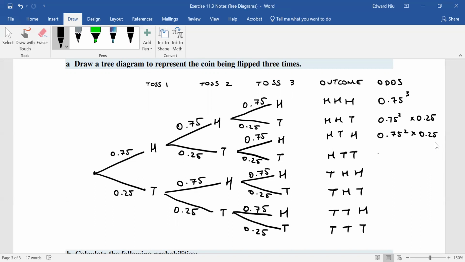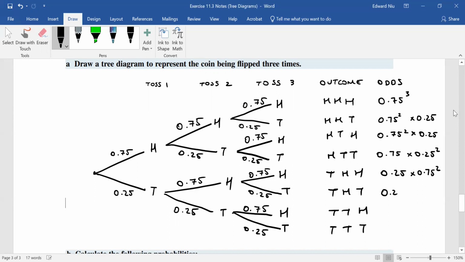Here we have 1 head, so we get 0.75 times 0.25, now squared because there's 2 sets of heads. For those who like to write it spaced out, that's fine. I've just run out of room here, so I've got to use powers. Here we've got 0.25 for tails and then 0.75 squared because we get 2 heads.